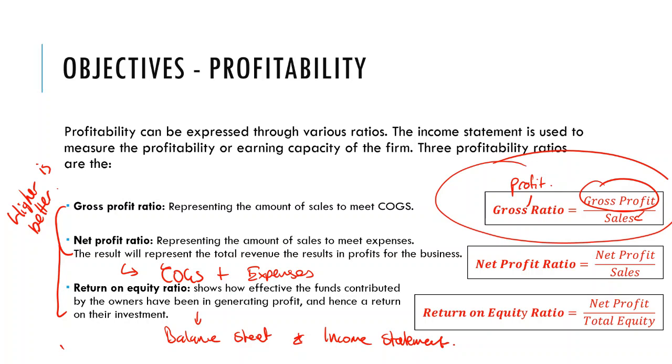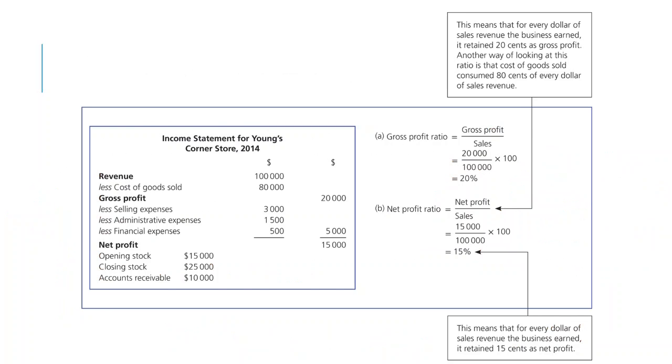Okay, we're going to move on now. We've got an example actually. So what we have here is we can look at our gross profit and our net profit. Here we've got our revenue is 100,000.